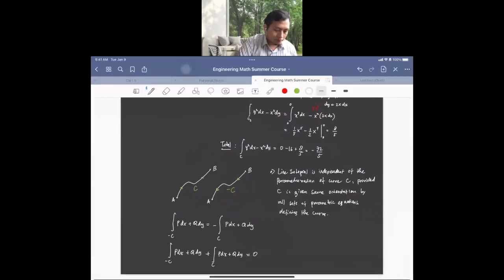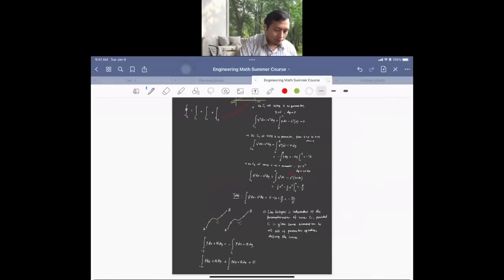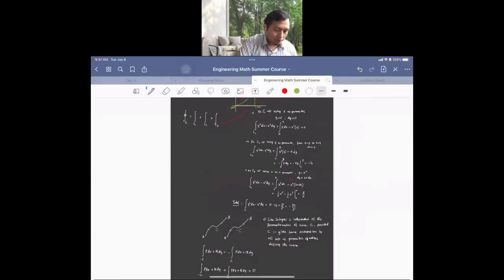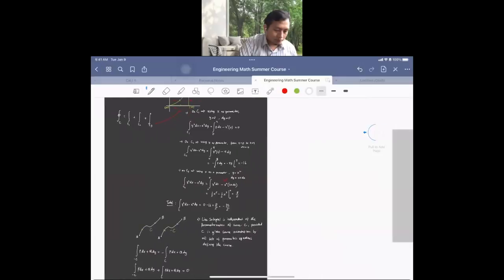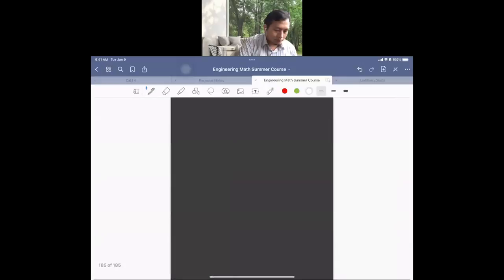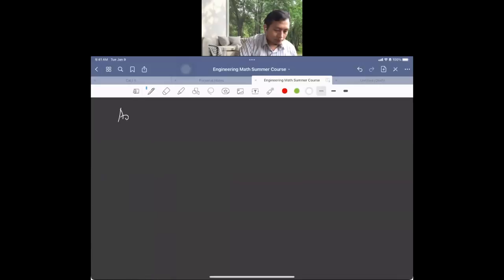Now, since we already learned the line integral, one of the easiest ways to look at its application is the work in physics.